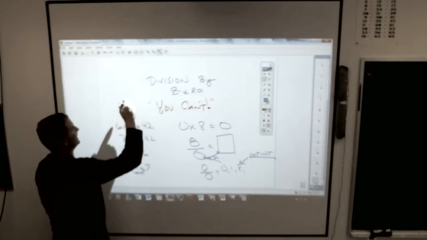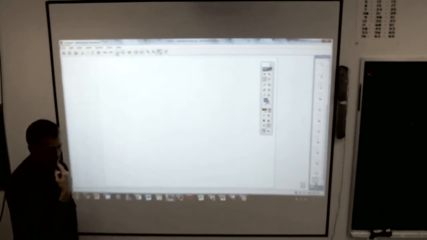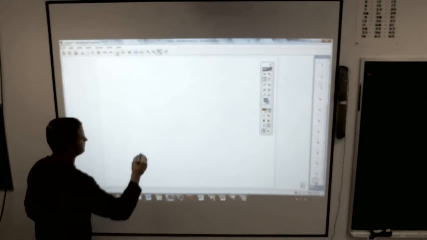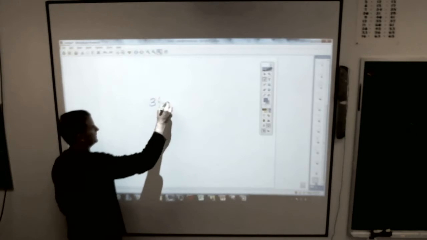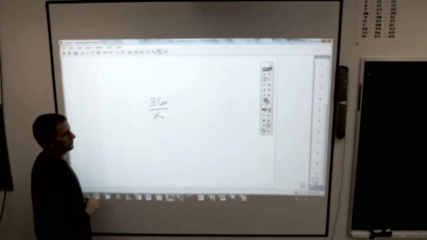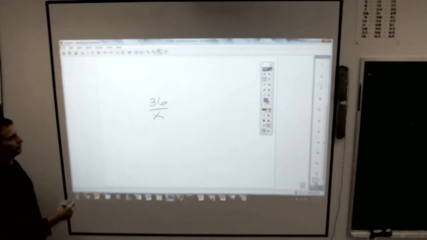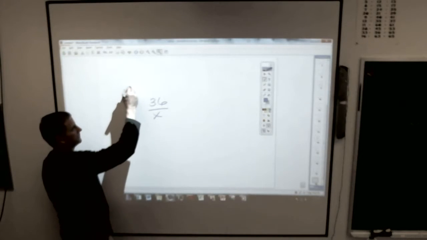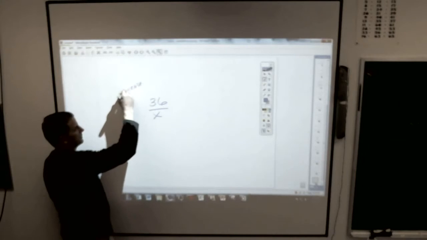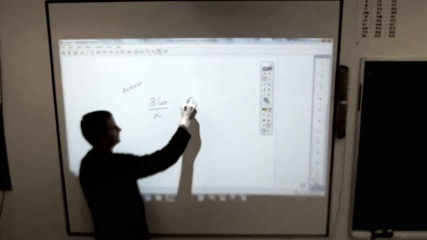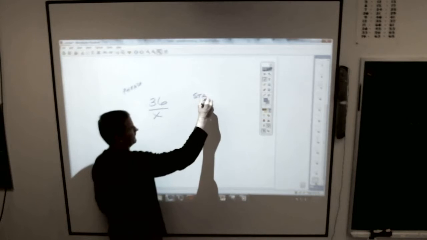But what we're looking at today is this: when you talk about algebra and you have letters on the bottom, if you have 36 over x, when you talk about that phrase, you have to do what we call stating the excluded values.